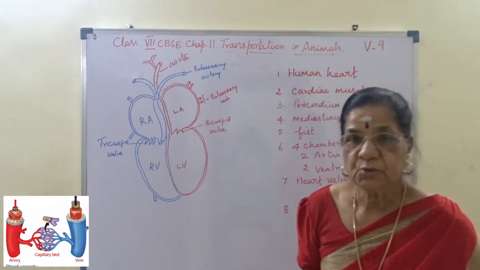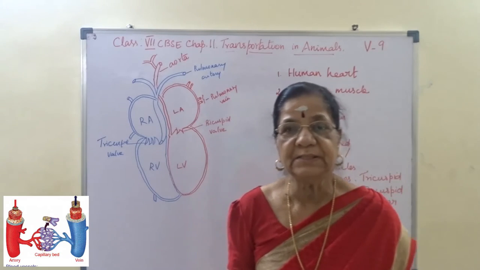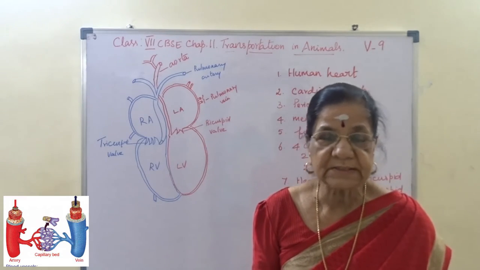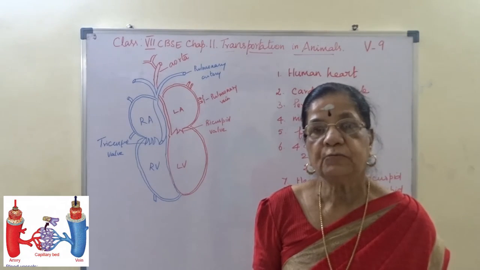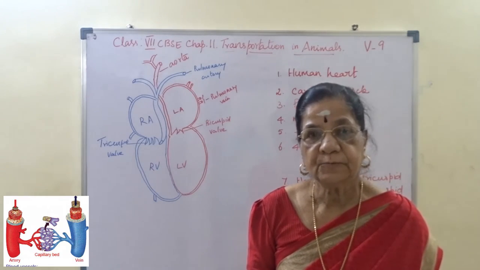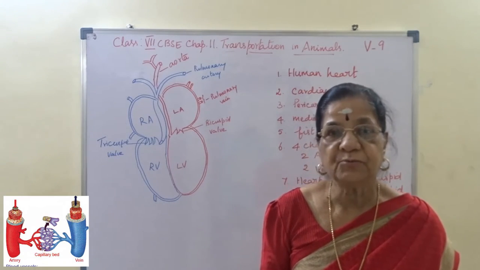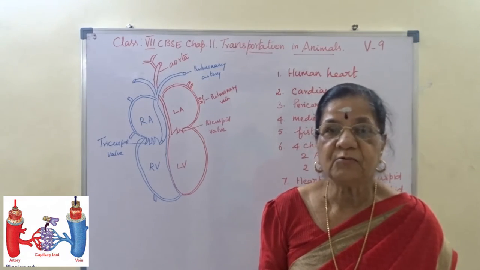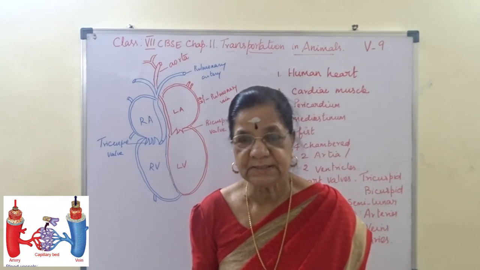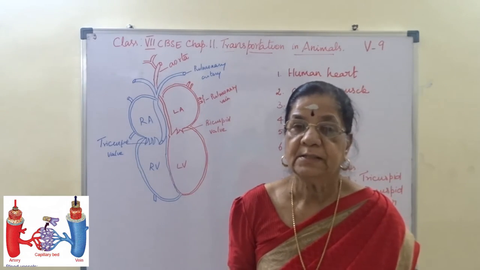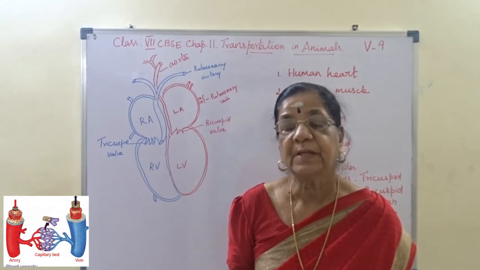Is it not? So today we are going to learn about transportation in animals, the circulatory system in man, which includes the structure of the human heart, the working of the human heart, and then the composition of blood, that is the structure of blood and its function. These are the side headings under transportation in animals, circulatory system.